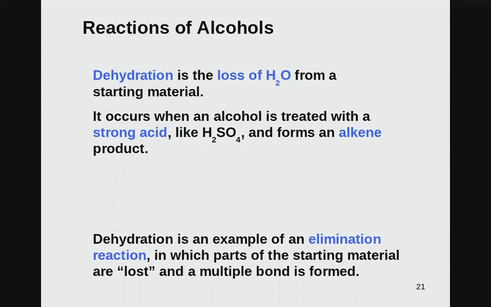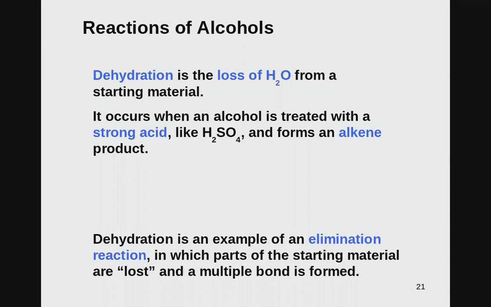Now, in alcohols, we typically see dehydration reactions when we treat them with a very strong acid. So my goodness, am I ever going to say this acid right the first time? Sulfuric acid, H2SO4, very strong acid. We could also do hydrochloric acid, HCl, but in this case, we're using sulfuric acid, got it that time.